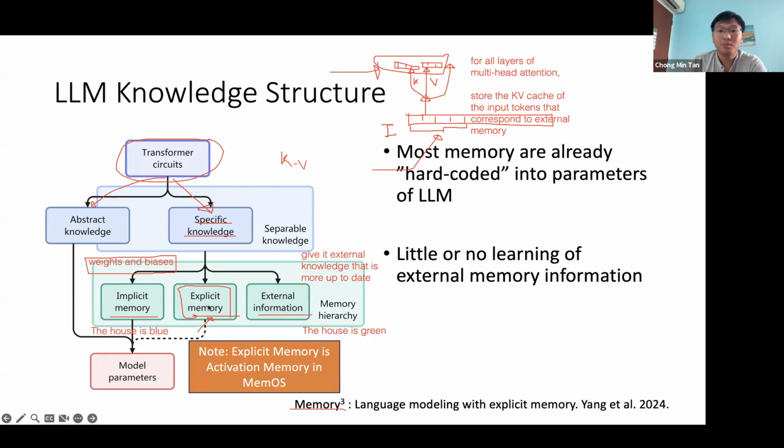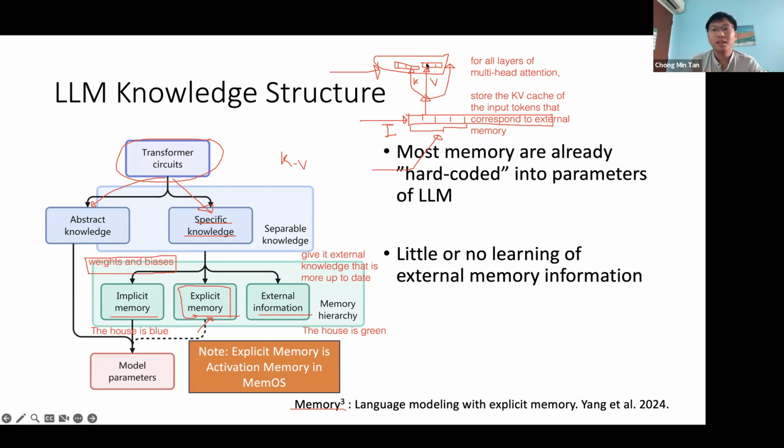So this explicit memory is one way to mitigate some form of bias, but there's still bias here because you haven't changed the model's internal memory at all. Okay, this is just instead of putting the external memory at the input layer, you put it at the abstraction layer. It's just a change in the way that you enter the information inside the transformer itself.